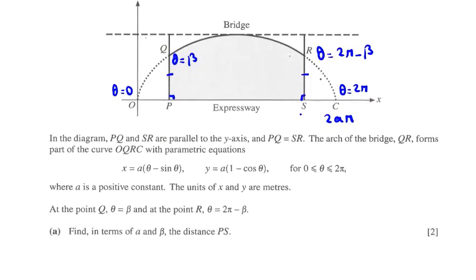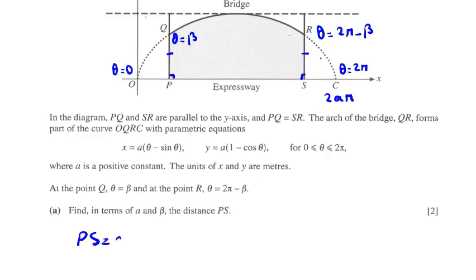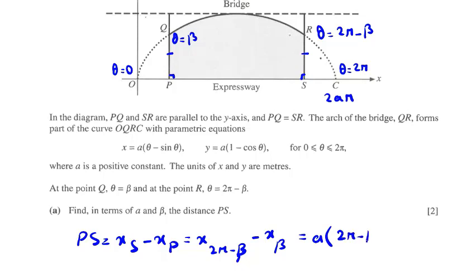So we should find PS, which is x of S minus x of P. x of S relates to x of theta, where theta is 2 pi minus beta, minus x of P, which is x of beta. If we replace here, it will be a times (2 pi minus beta minus sin(2 pi minus beta)), which is minus sin beta, so you write plus sin beta.